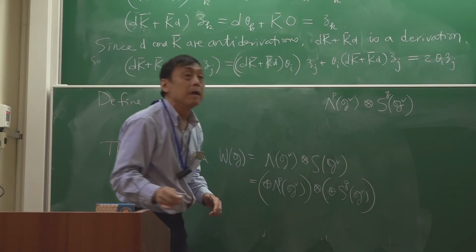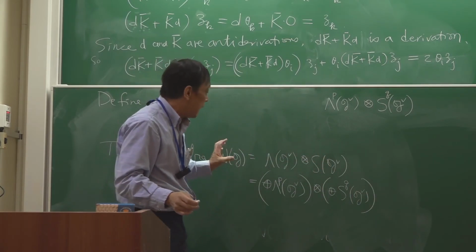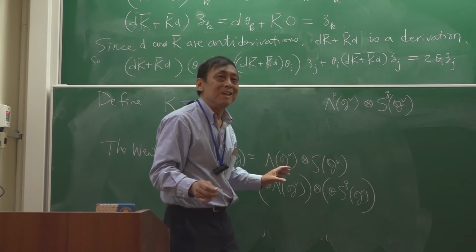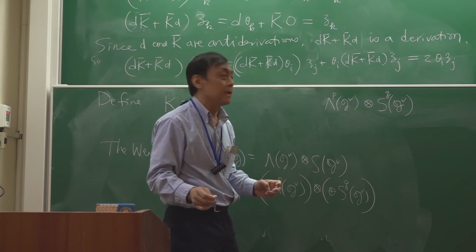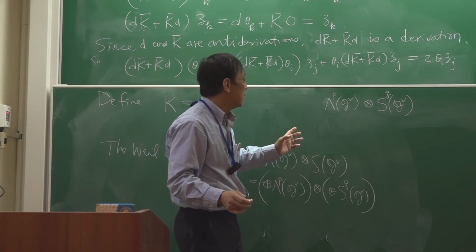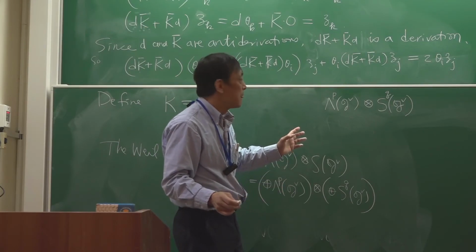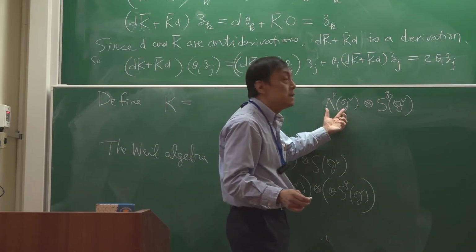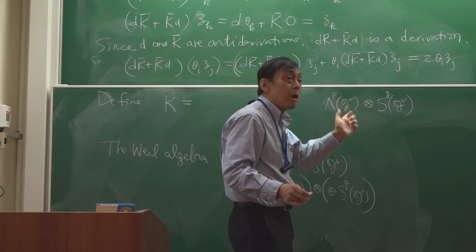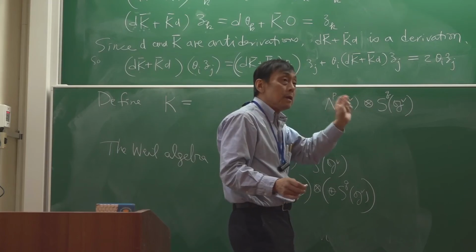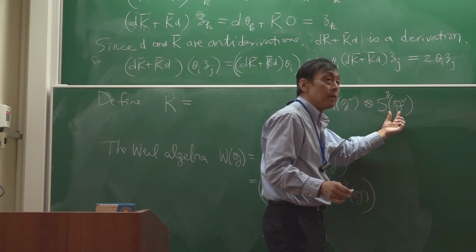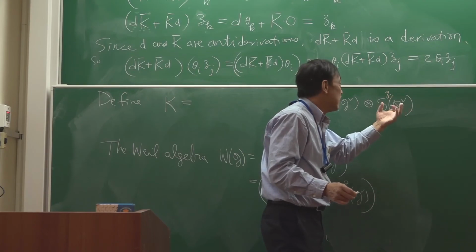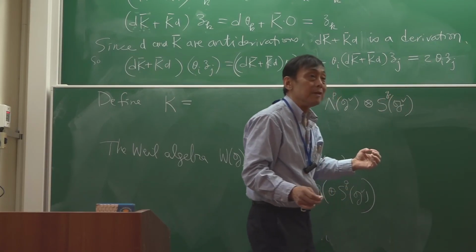Okay? So an element in the Weil algebra has a P degree and a Q degree. If it's in lambda P, then it's the sum of products of P generators, and if it's here, then it's a sum of products of Q generators.